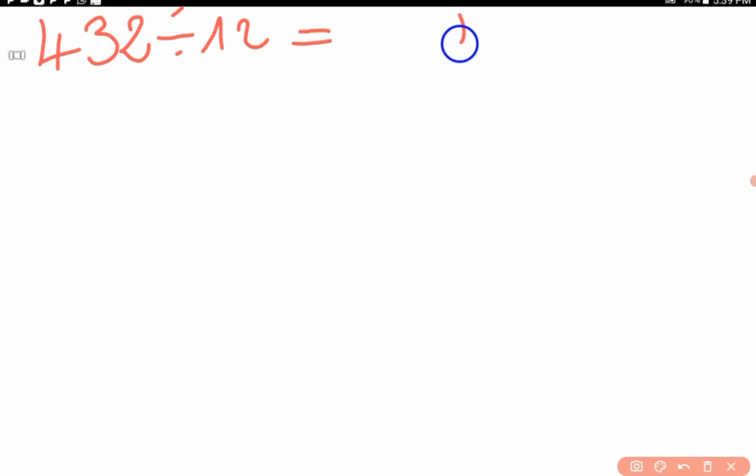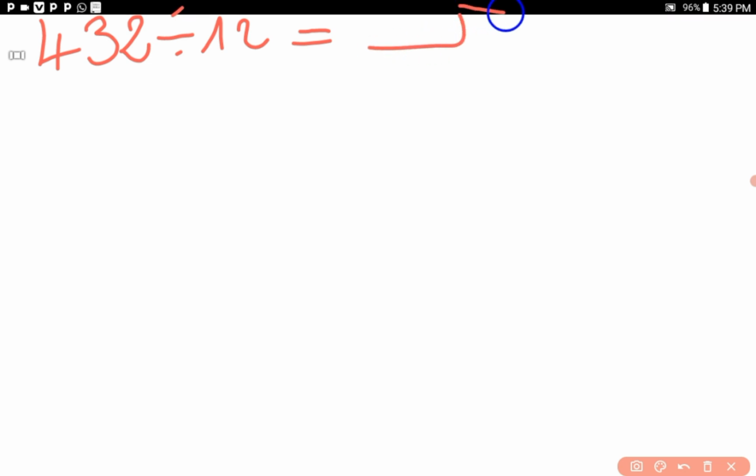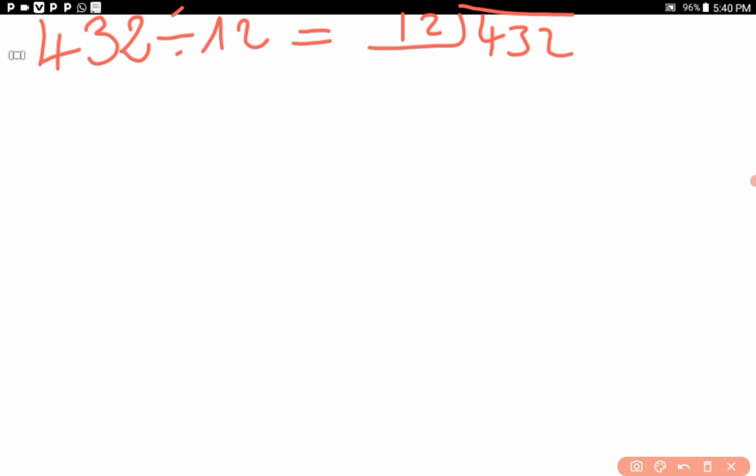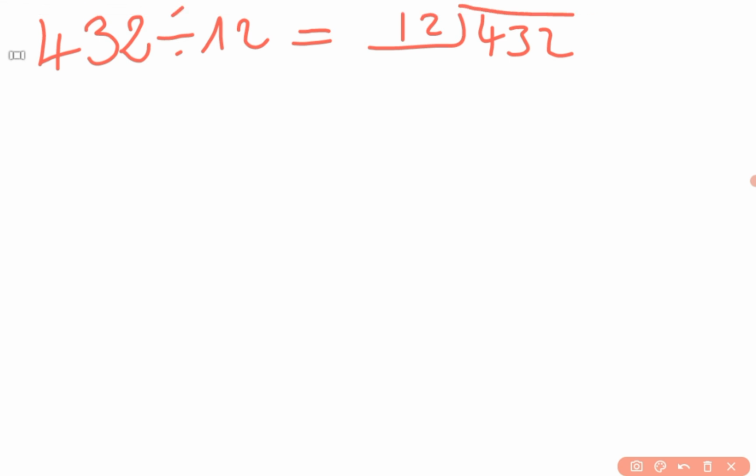So first thing first, you can write it like this. Then you put 432 here, and then you put 12 here.